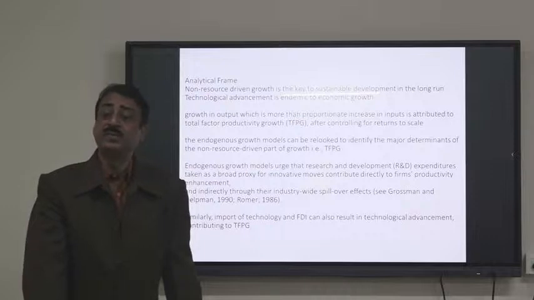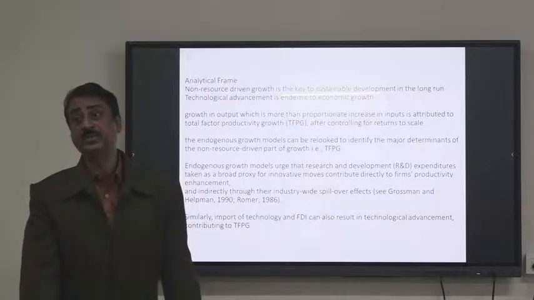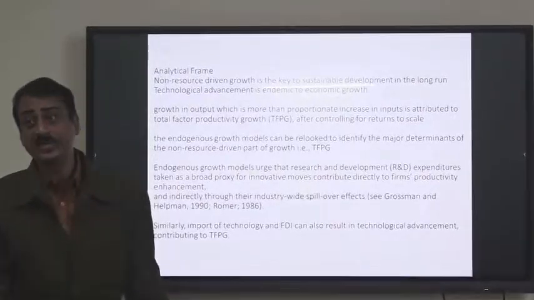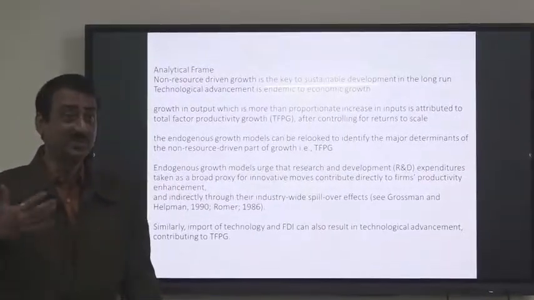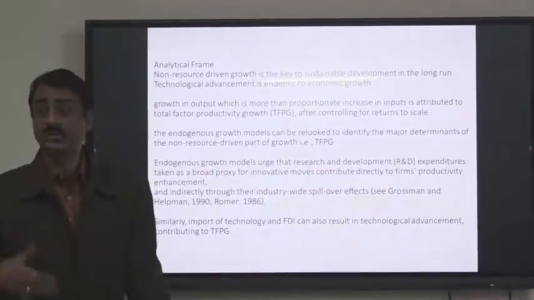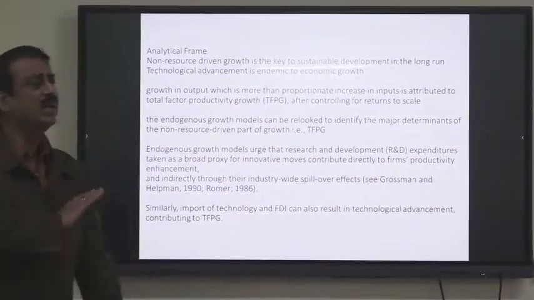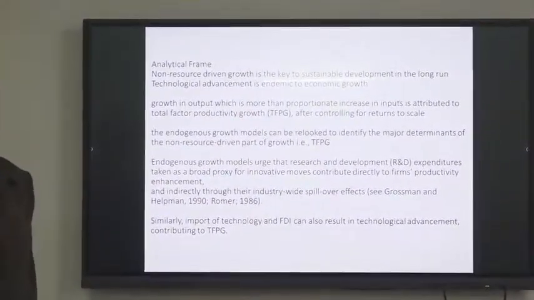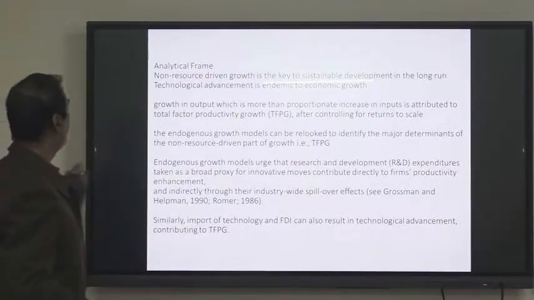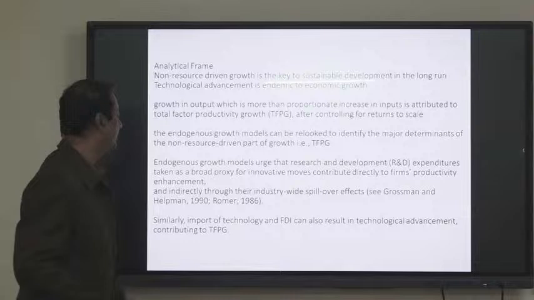Similarly, another class of literature said human capital formation is very important. Another class suggested the trade relationship is very important to improve your growth. So role of government, role of state, infrastructure building. Likewise, a large number of factors were identified as the determinants of economic growth, and that is what is called your endogenous growth models.